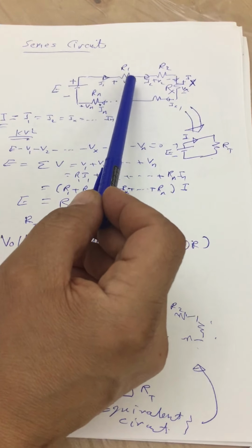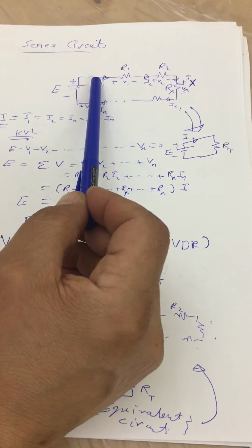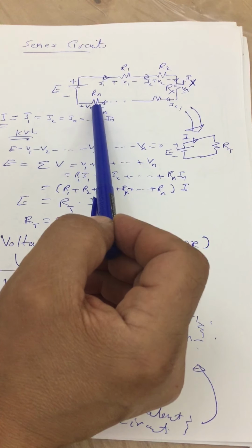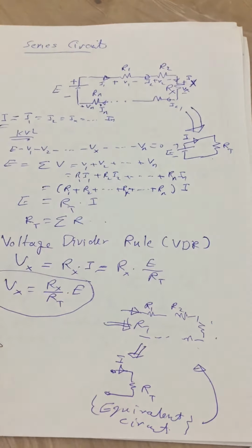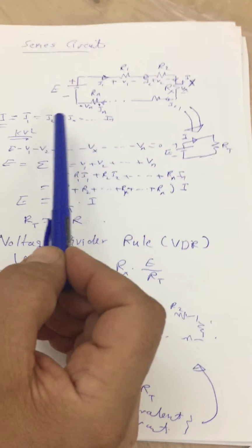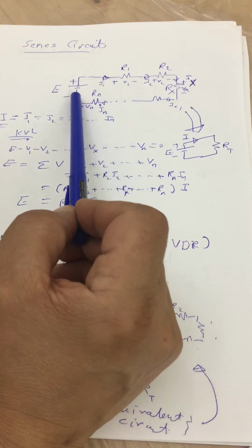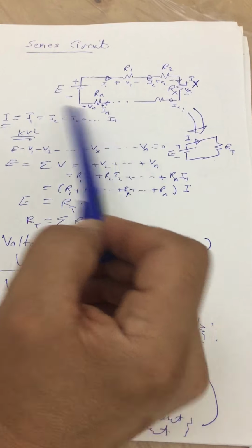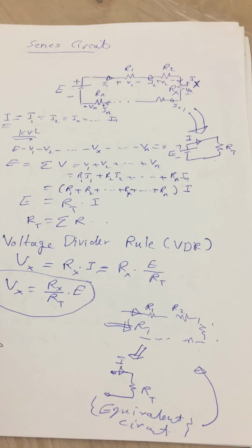The current flowing into resistor R1 is I1, into resistor R2, I2, into resistor Rn, In. But I1 and I2, all of them are the same. So the current flowing in all elements, resistors and voltage sources, is the same current. So we say it is a series circuit.